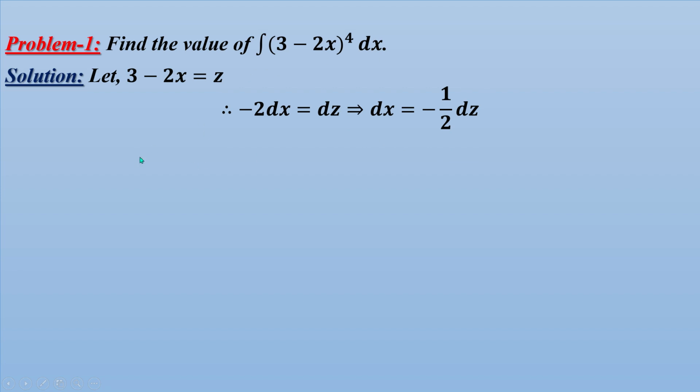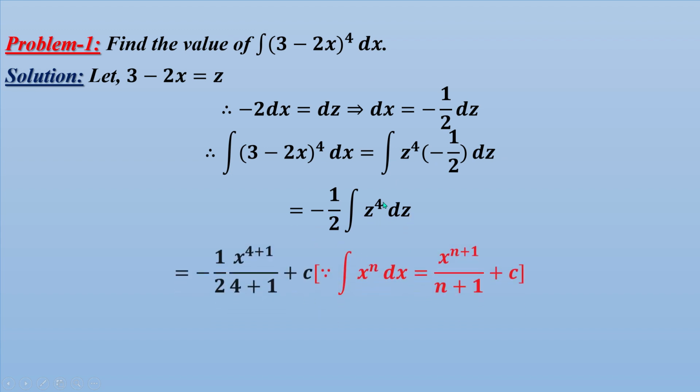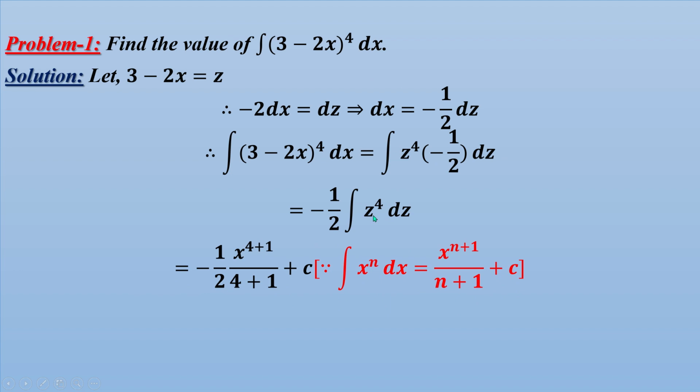Therefore this equals z to the power 4 into minus half dz. dx is equal to this. Now taking minus half out of the integration, we have z to the power 4 dz, and this equals, by the formula x to the power n, x to the power n plus 1 by n plus 1.